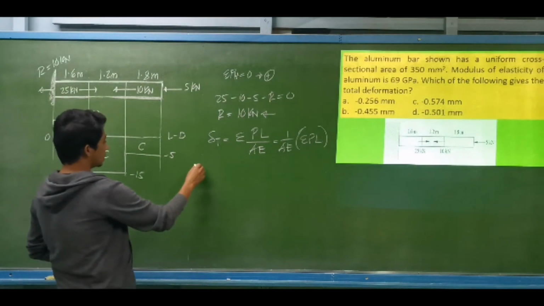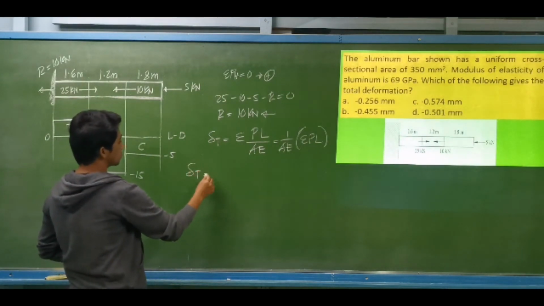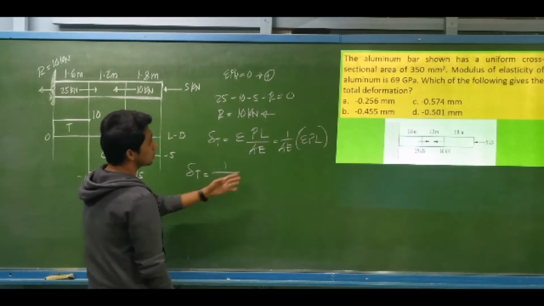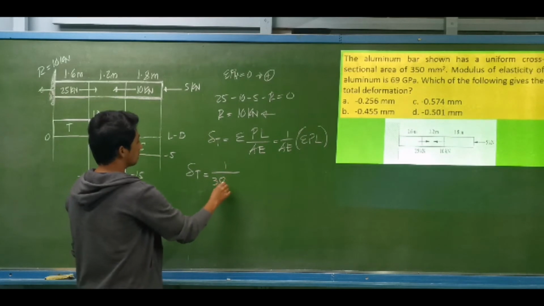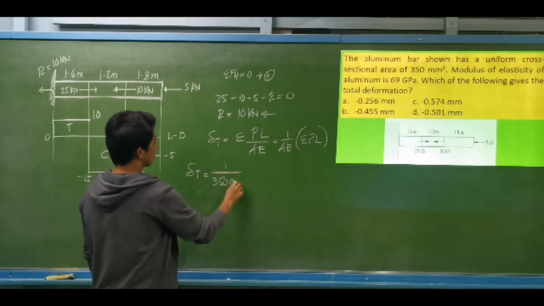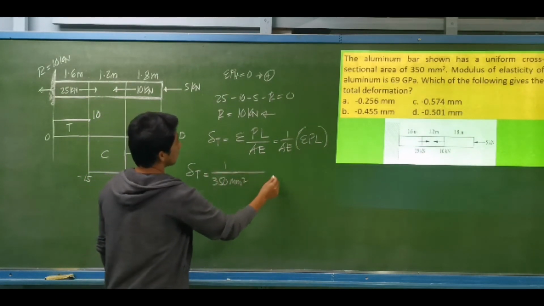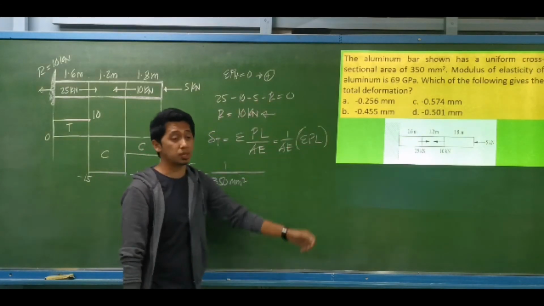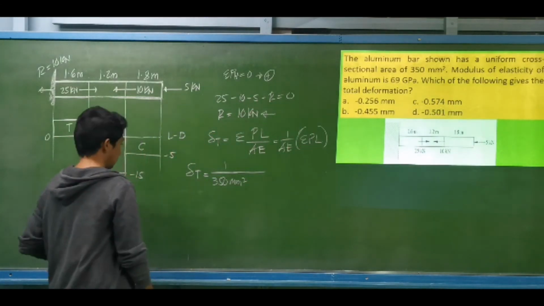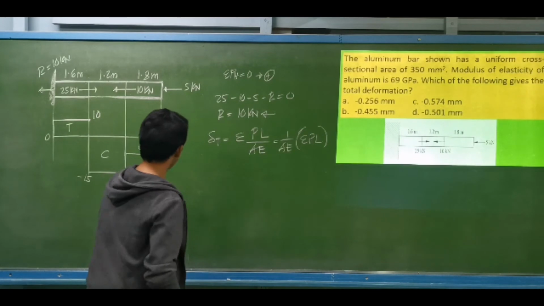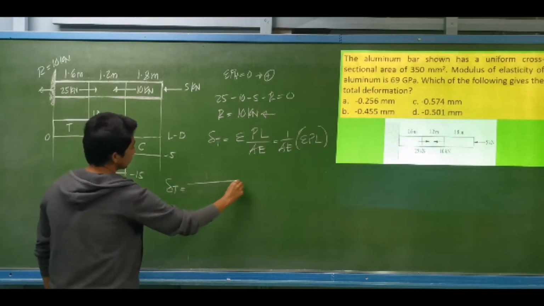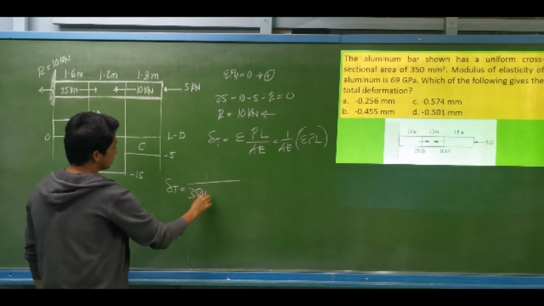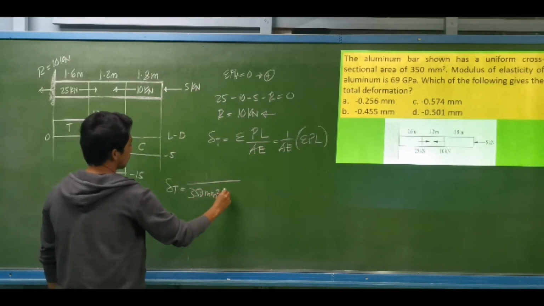So let's have it as the total deformation is equal to 1 divided by, what is the area of the aluminum rod? We have 350 millimeters squared. And then we have the modulus of elasticity, 69 gigapascals. Let's have it here. We have the total deformation is equal to 1 over the area, 350 millimeter squared.